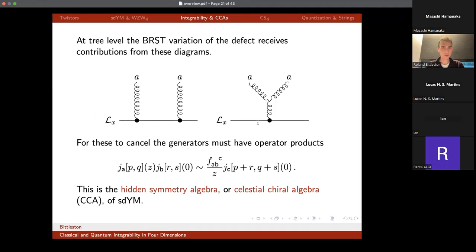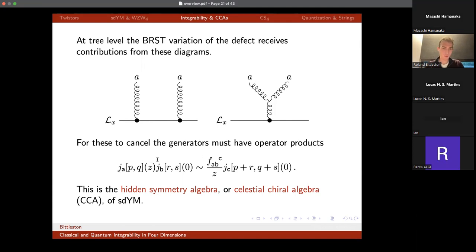So this turns out to compute the residue. And then there's this second diagram involving the vertex. And it turns out for these to cancel, it's a very easy calculation to show that these generators have to obey this algebra. And this is the thing I'm going to call the hidden symmetry algebra, or the celestial chiral algebra of self-dual Yang-Mills. And this is a very simple algebra.